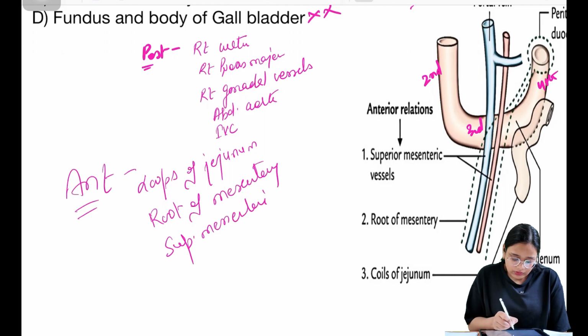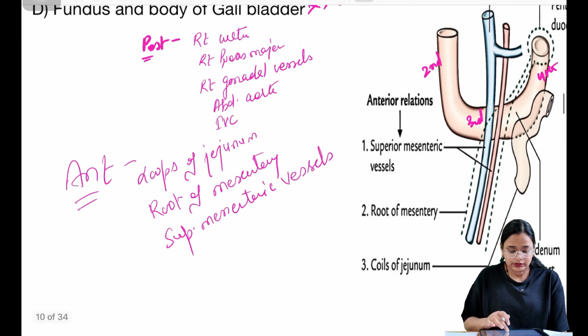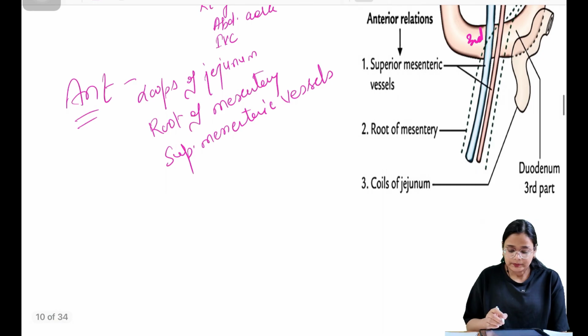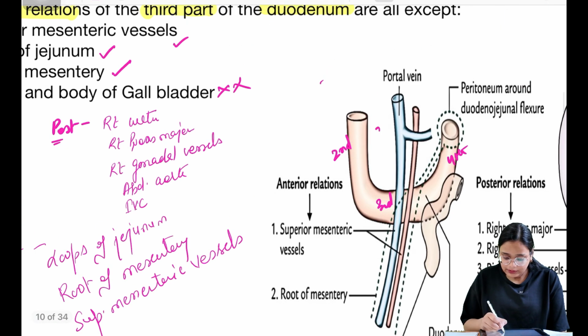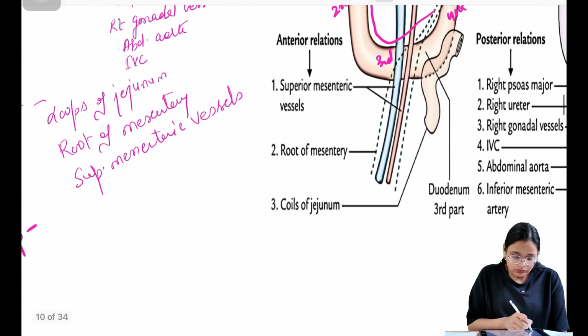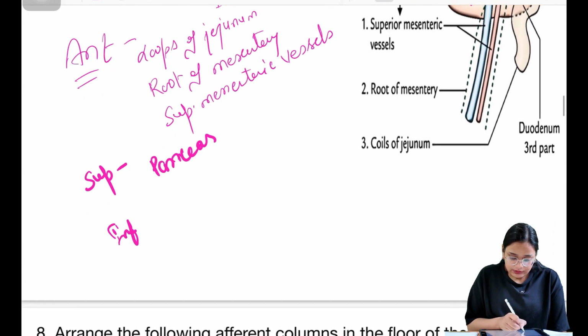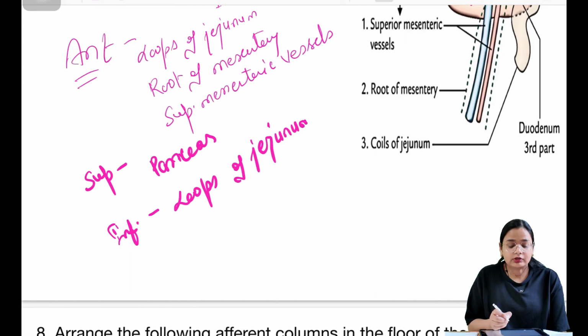So these are also the anterior relation of third part of duodenum. Then next, superiorly it is related to pancreas or head of pancreas. Okay, and inferiorly it is related to loops of duodenum. Okay, so these are all the relations of third part of duodenum.